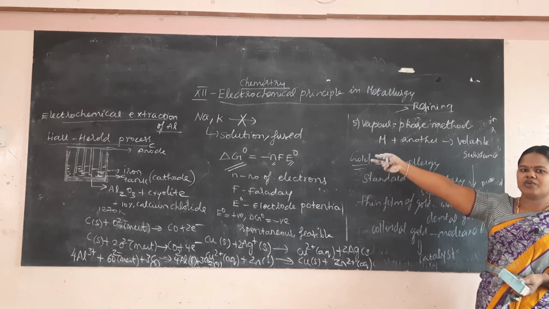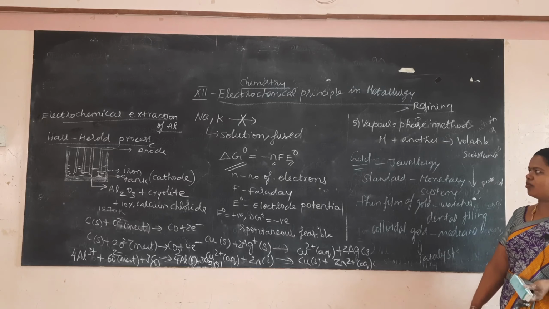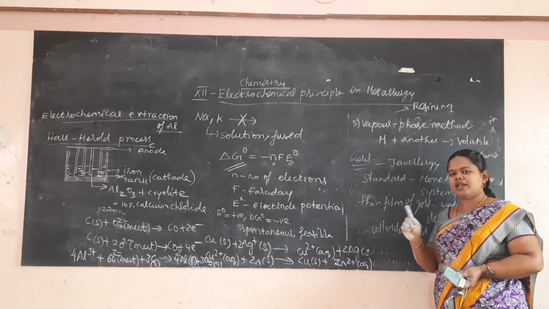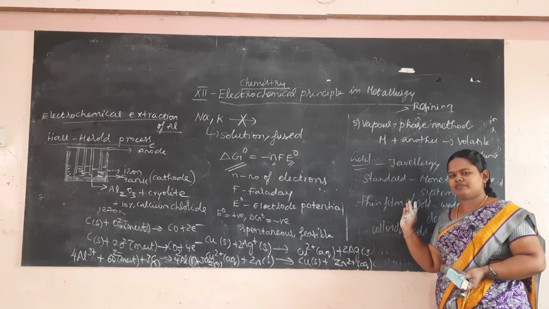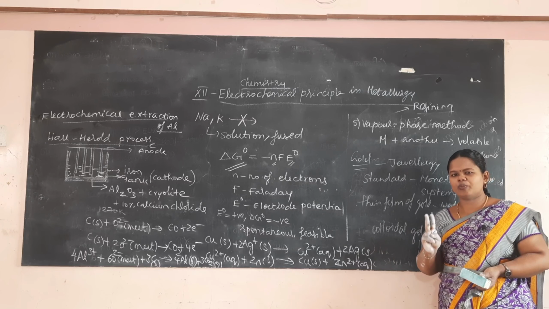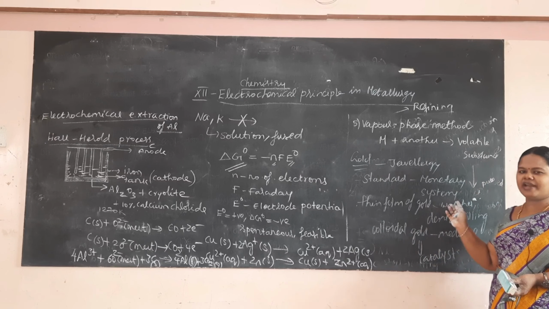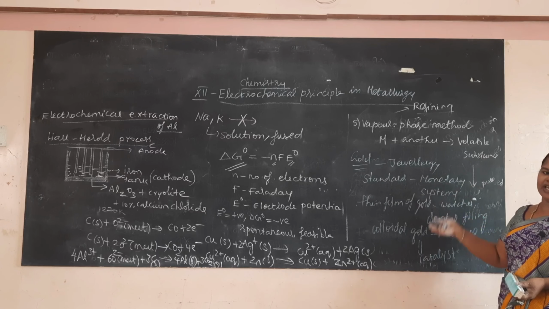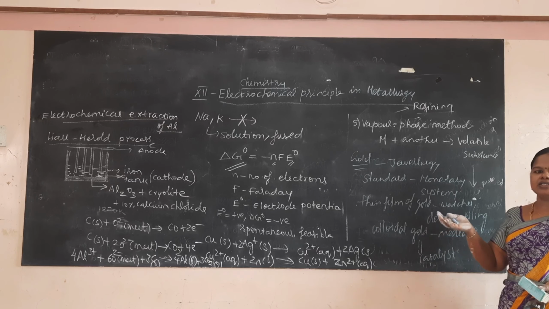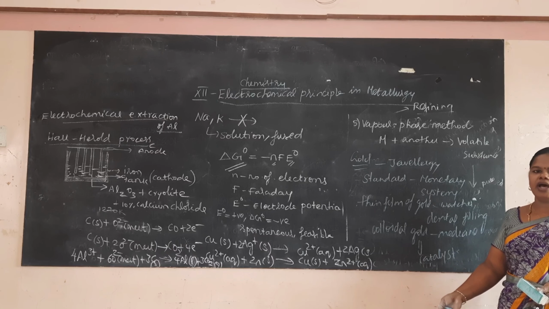Next we saw different refining processes: distillation, liquefaction, electrolytic refining, then zone refining. In the vapor phase method we saw two methods, Mond's process and Van Arkel method. Then application of some important metals like aluminium, zinc, iron, copper and gold.